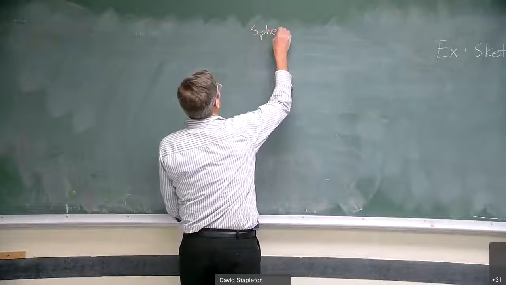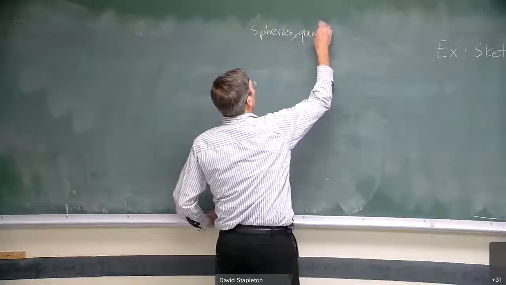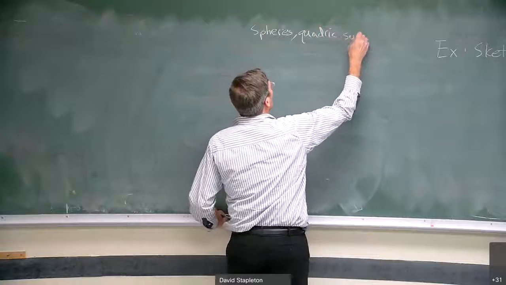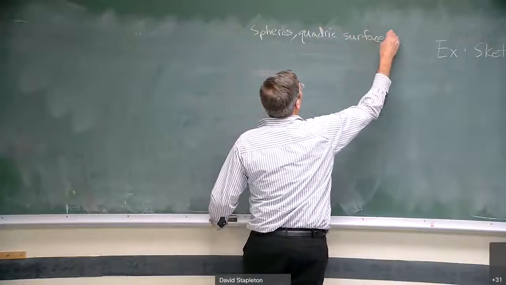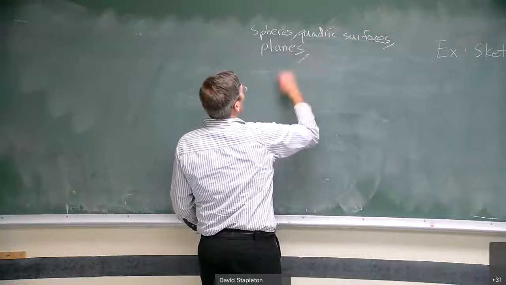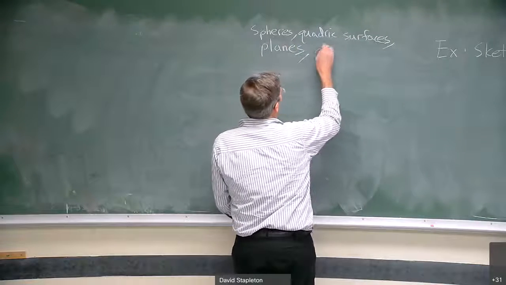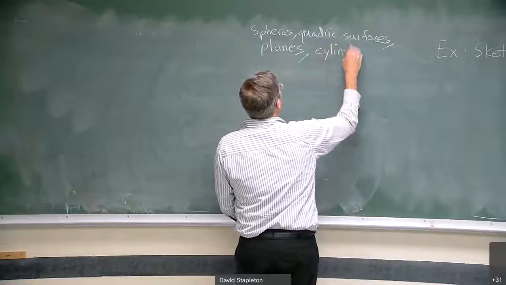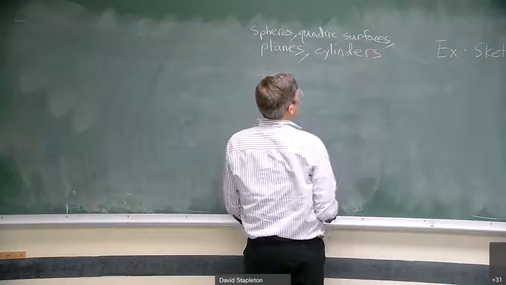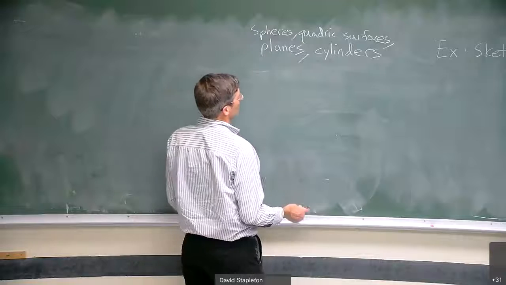Most of these are either spheres, quadratic surfaces, or they can get planes, or they can get cylinders. And so this is the hint. These are the things I'd like you to be able to draw for tests and so forth. I'm giving homework problems kind of like that.